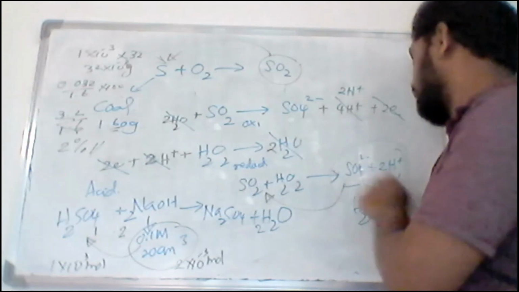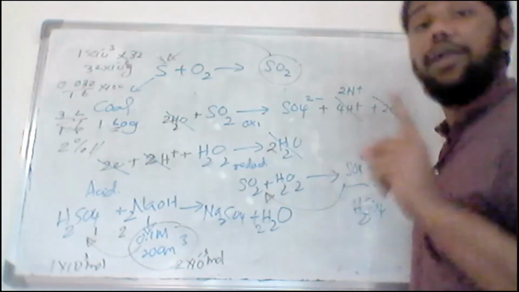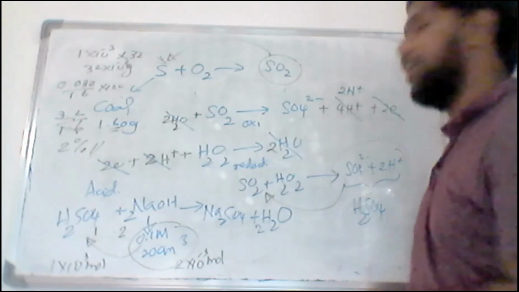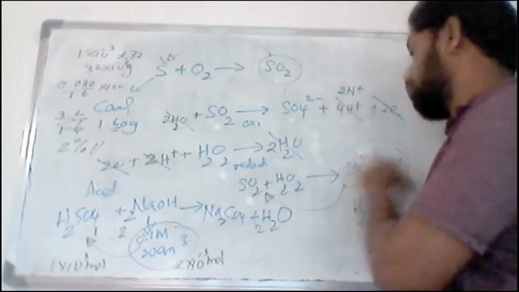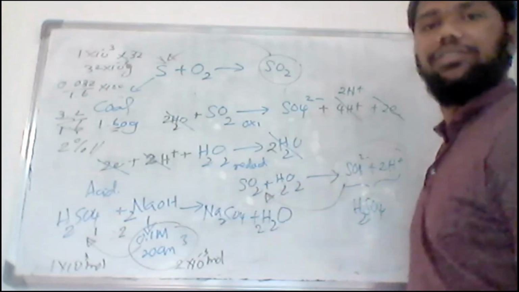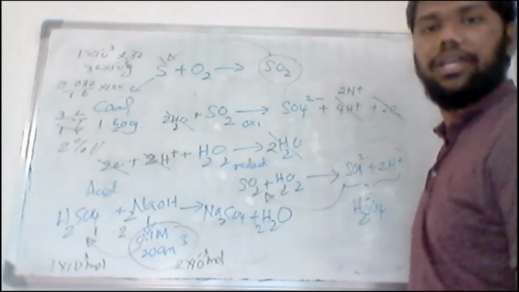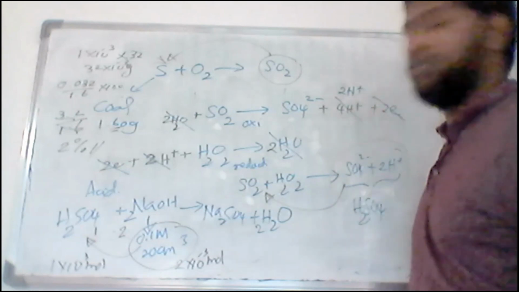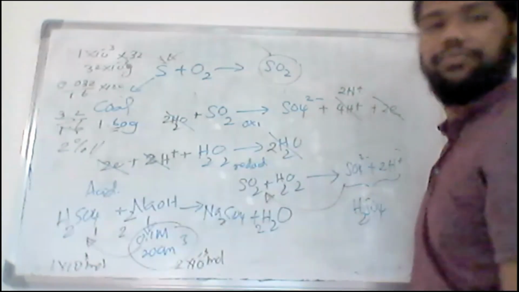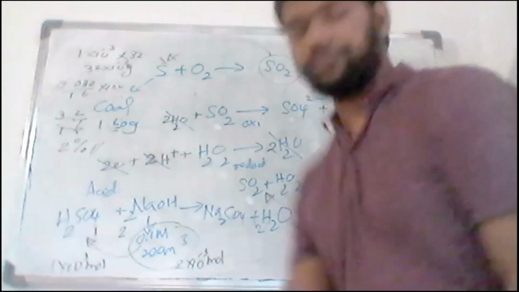So when you combine these two, it has only 1 mole of H2SO4. That is why the stoichiometry is the same. Otherwise, if you think this is 2:1, then you are wrong. That's the point. Don't forget, when you combine these two, only one acid is formed. That is H2SO4.